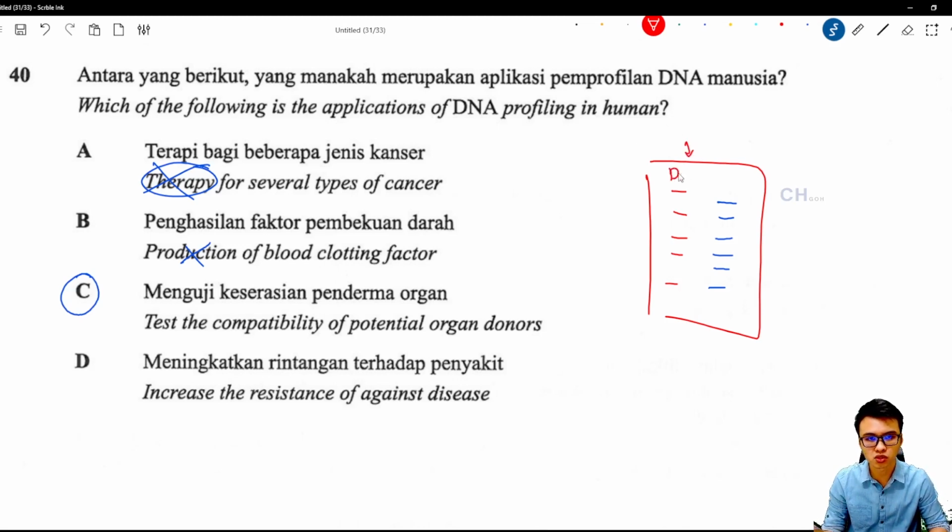For example, you put the donor DNA here and the receiver DNA there, and you can see whether their DNA matches or not. Increase the resistance against disease? No, this one is going to be genetic engineering already, so it's not DNA profiling. So the final answer here should be C.